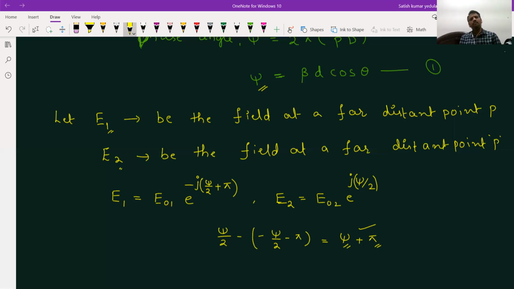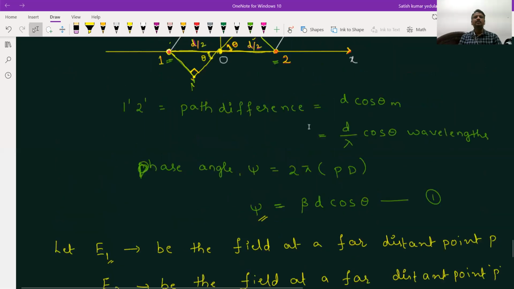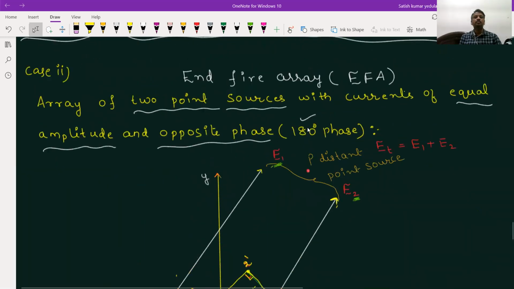Or else you can take psi by 2 minus pi also, because the phase difference can be plus 180 degrees or minus 180 degrees, it doesn't make any difference. So along with the general phase angle psi, there will be an extra phase of pi which we get from the title, that is, opposite phase, meaning 180 degree phase difference, right?